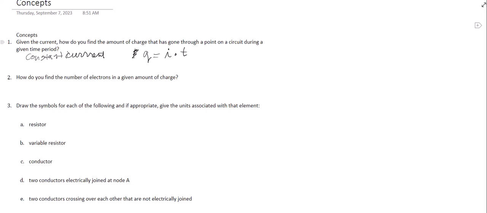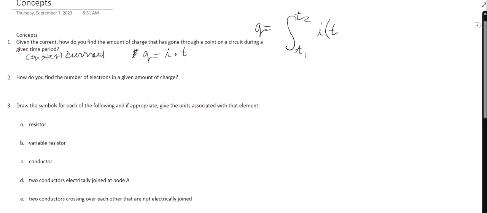That would be like the reverse of the problem I just did a minute ago, where I had the charge and the time, and I found the current. This one would be the other way around. But if you have a function, then the charge is going to be the integral from time 1 to time 2 of your current dt.